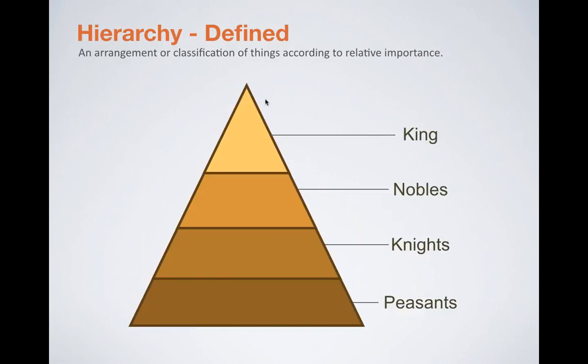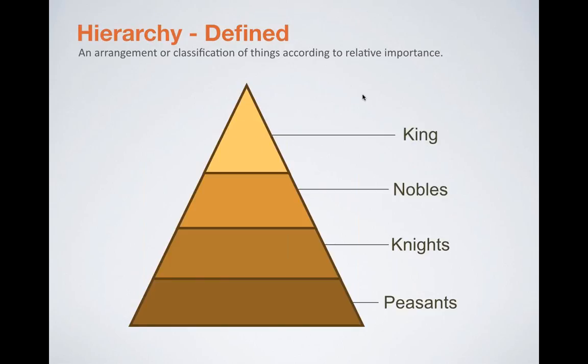Perhaps the classic hierarchy is that of medieval European society, where you had the king, and below the king were the nobles, and then below the nobles were the knights that served them, and then at the very bottom were the peasants that worked the land and were ruled by all these higher social statuses. Typically in a hierarchy, the higher up you go, the fewer individuals there are. At the top you have the king, he's the ruler. And if it's a company, then you have the CEO or the president.